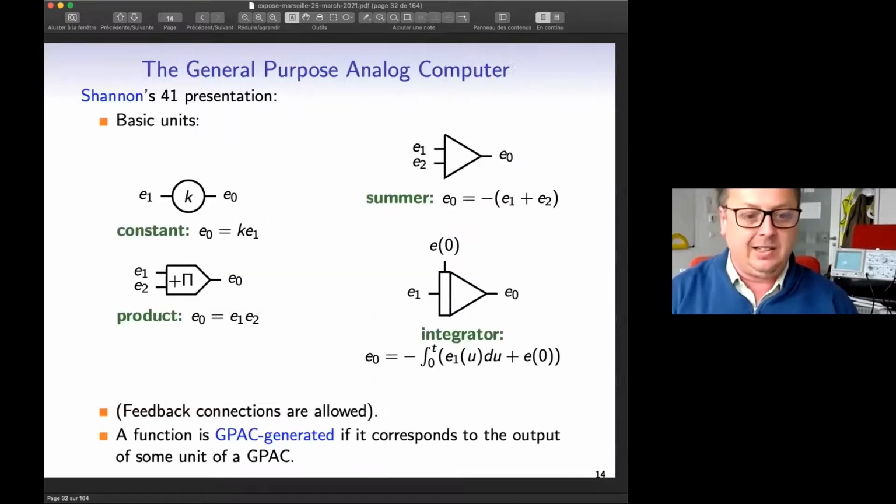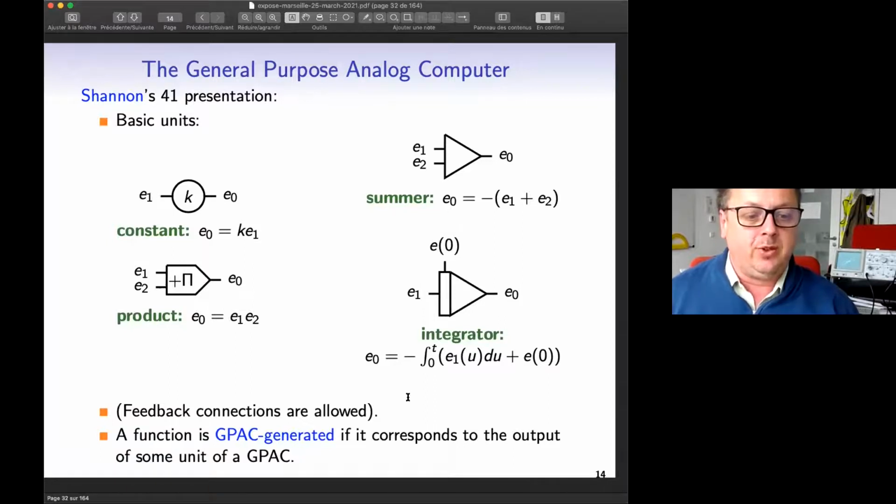The product is realizing products, and the most tricky part from a mechanical point of view, but not so hard to realize using electronics, using operational amplifiers, is the integration task. So you output the integral of your input, and you possibly could put some initial condition.